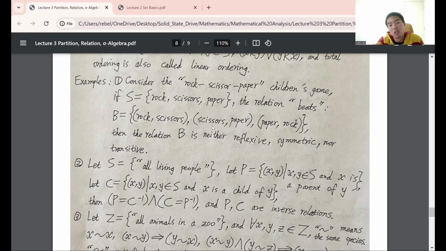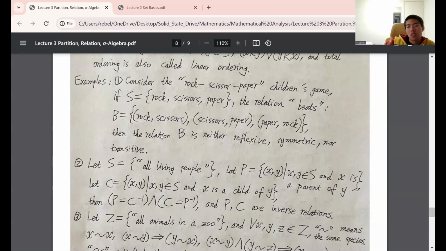First, is it reflexive? Well, not, because rock cannot beat rock, so it's not reflexive. And is it symmetric? No, because rock beats scissors, but scissors doesn't beat rock. So it's not symmetric.